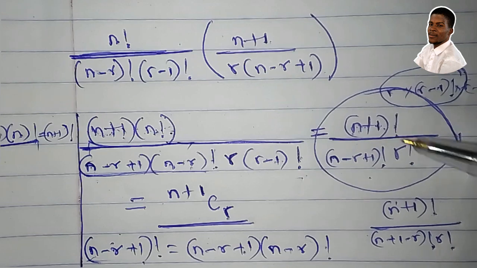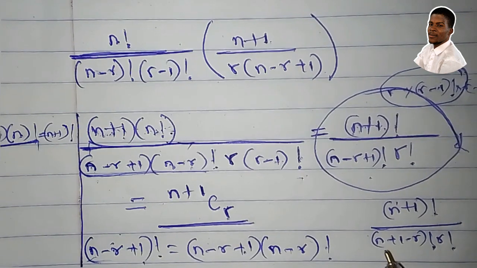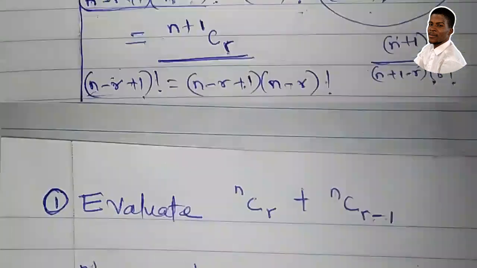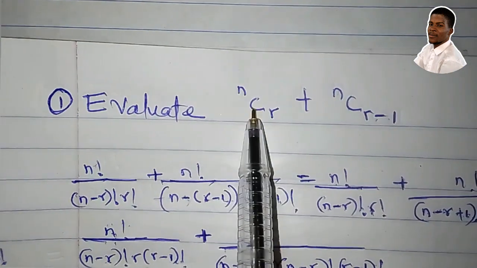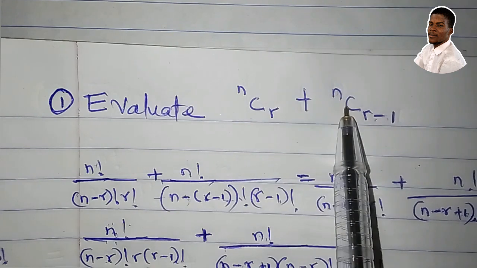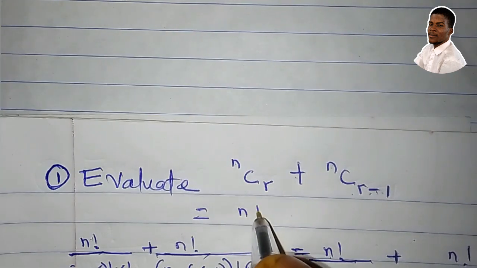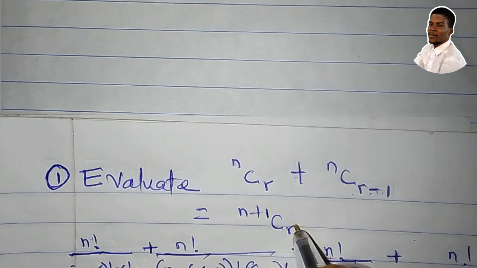So can you see that these two are the same? This is n plus 1 minus r. This is n minus r plus 1. Of course, they are the same. This means that n combination r plus n combination r minus 1 is equal to n plus 1 combination r.